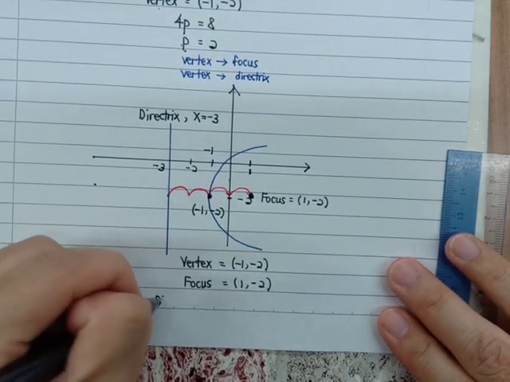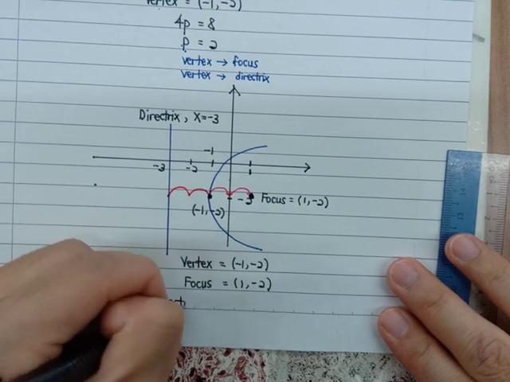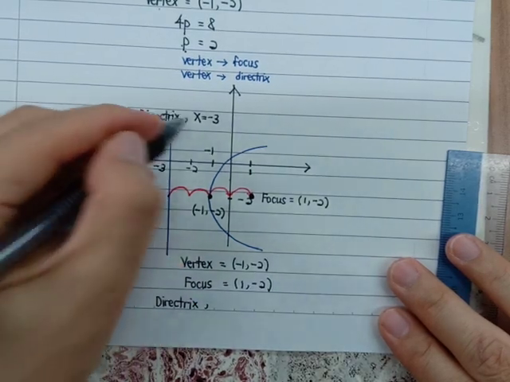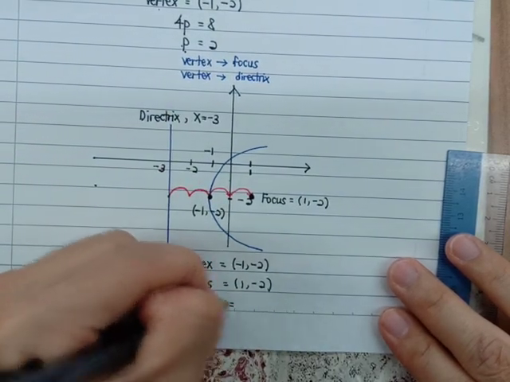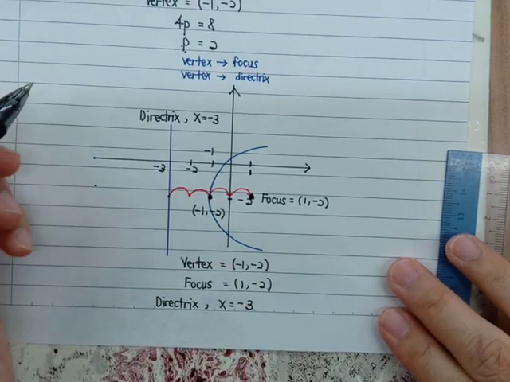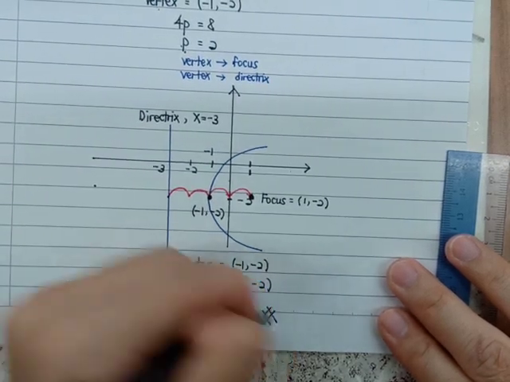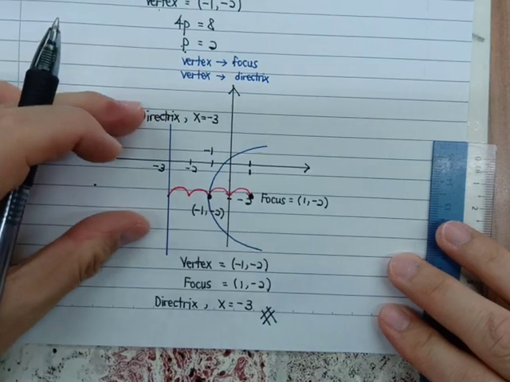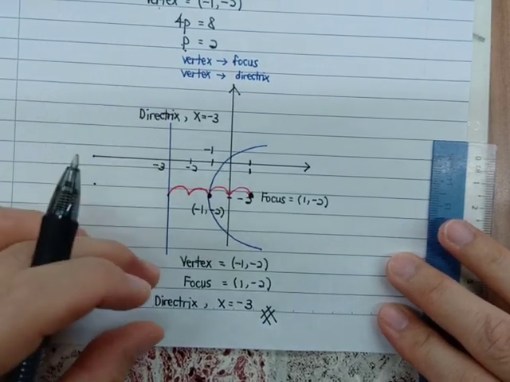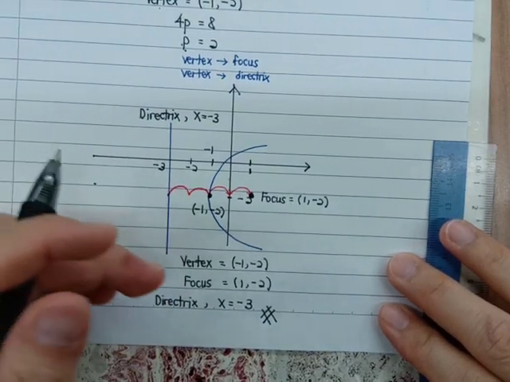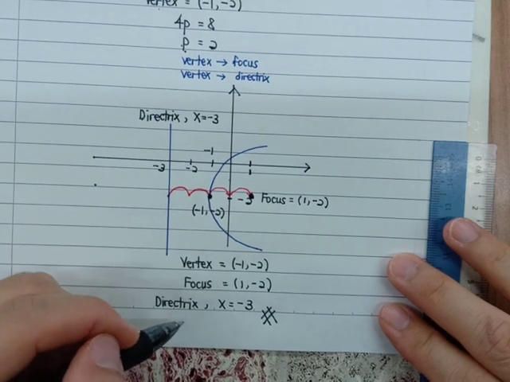And finally the directrix, which is x is equal to negative 3. So this will be the answer, where we need to sketch the graph and state the coordinates of vertex, focus and directrix.